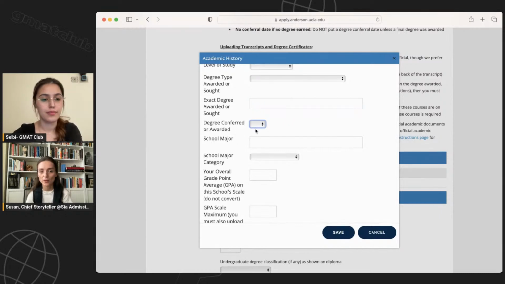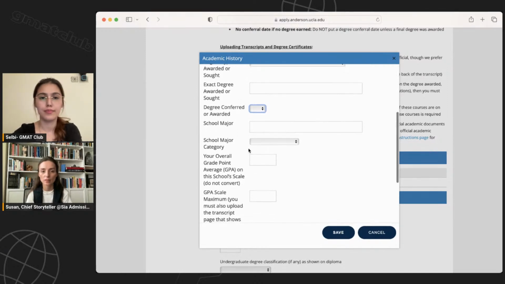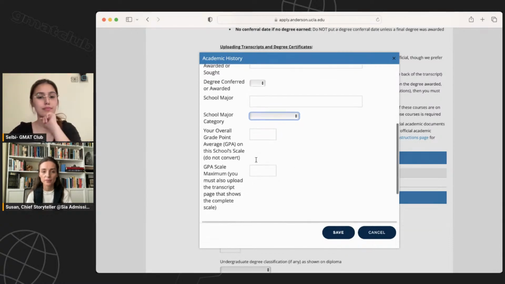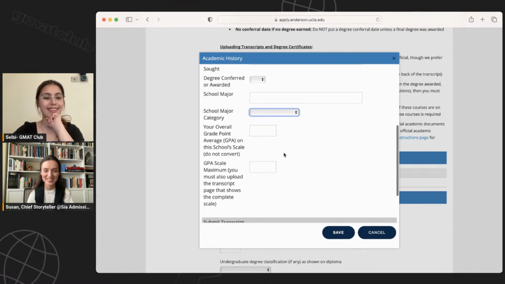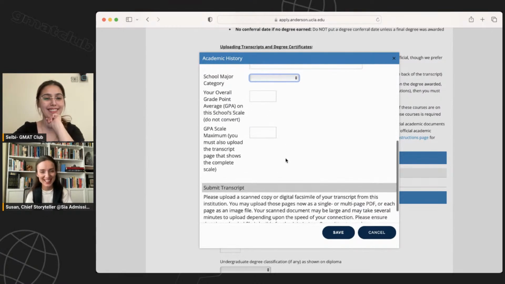So if you received an award, yes or no, the major. Here you have the major categories, overall GPA. Again, they tell you do not convert, so they're serious about this, so please follow the instructions. And then the GPA scale. So if you are coming in with a 5.0 GPA scale, and yours is 4.25, you would put 4.25 here out of 5.